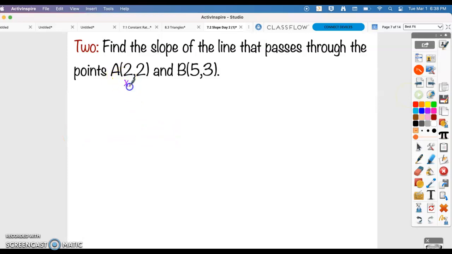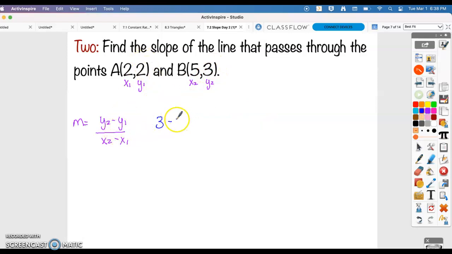Okay. Again, label those points. So we got x1, y1, x2, y2. Write our formula. M is equal to y2 minus y1 over x2 minus x1. Plug in our points. So our y2 is 3.